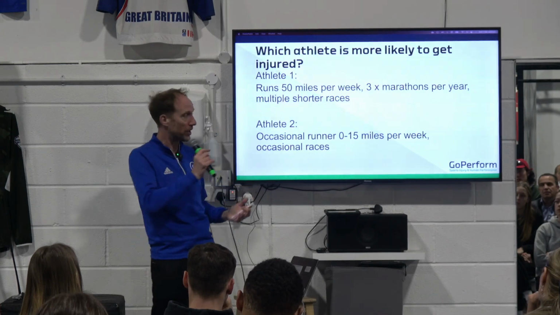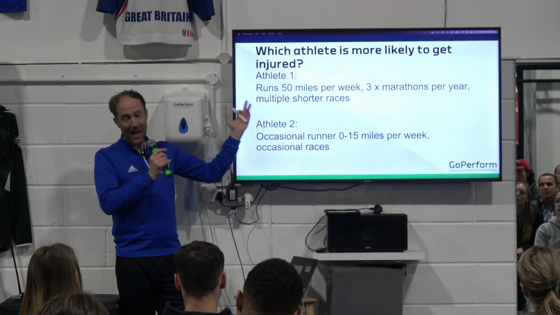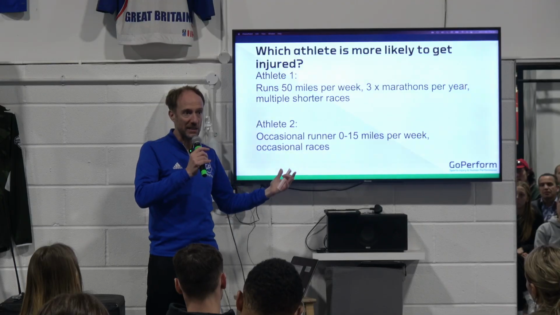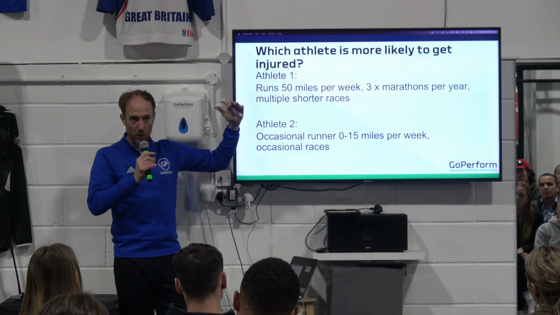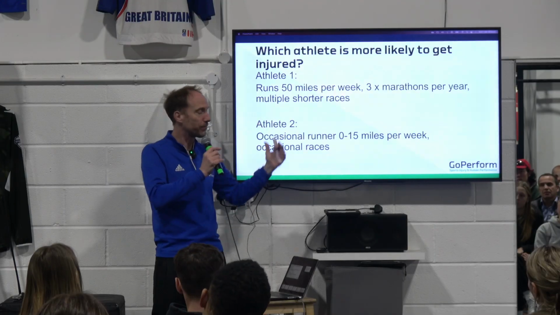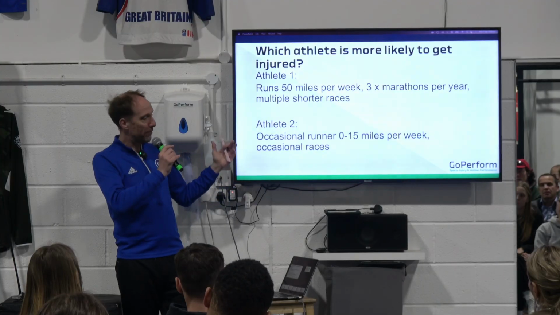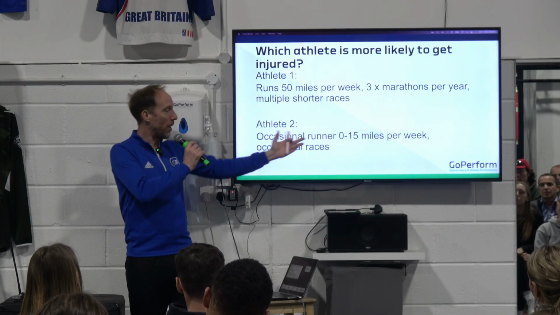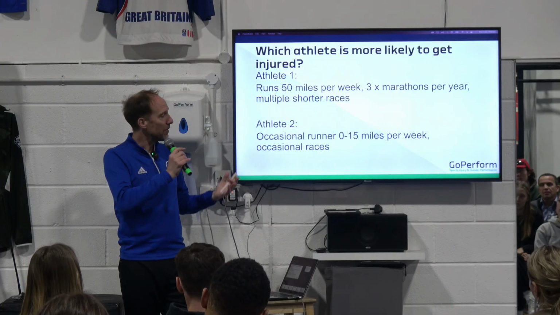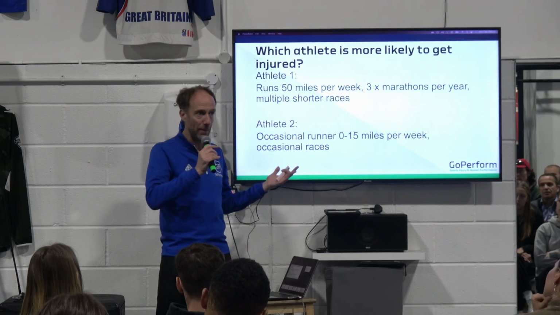But we can make a good argument, from what we've just talked about, that this athlete, by developing training over weeks, months, years, has developed a high physiological envelope, a degree of robustness, so they're much less likely to get injured. Whereas runner two, the occasional runner, would probably have periods where they don't run at all, and then they might do 15 miles a week, and then they're exposing themselves to a race. We could make an argument that that's where injury is more likely to happen.